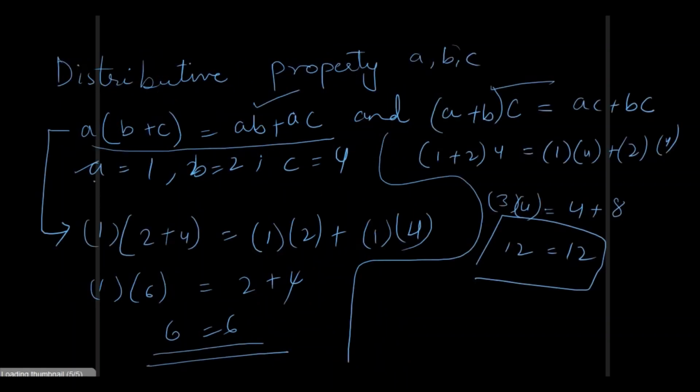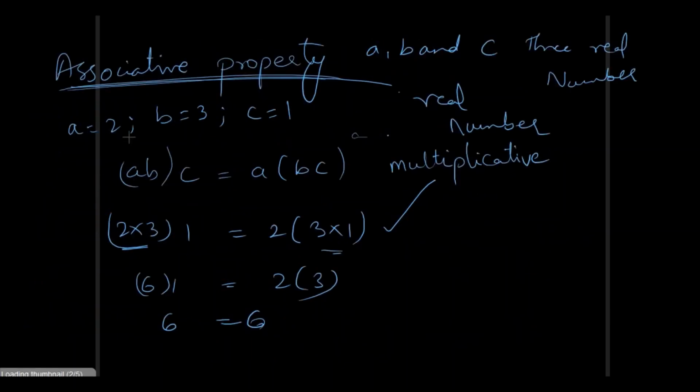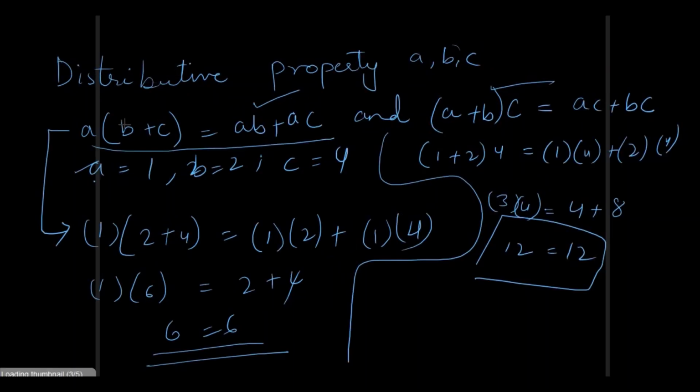So the real numbers support the commutative property under the condition of addition and multiplication, and they also support the associative property under the condition of, again, addition and multiplication, and they support both the distributive properties.